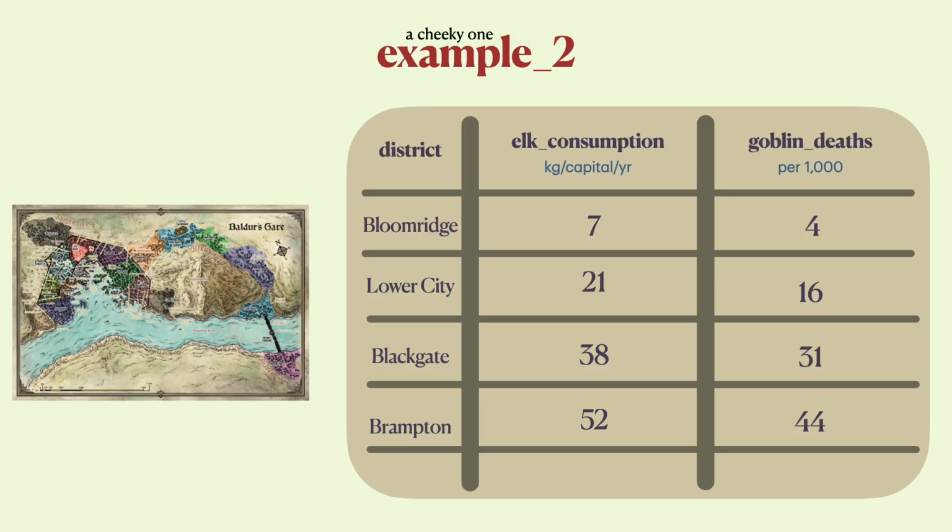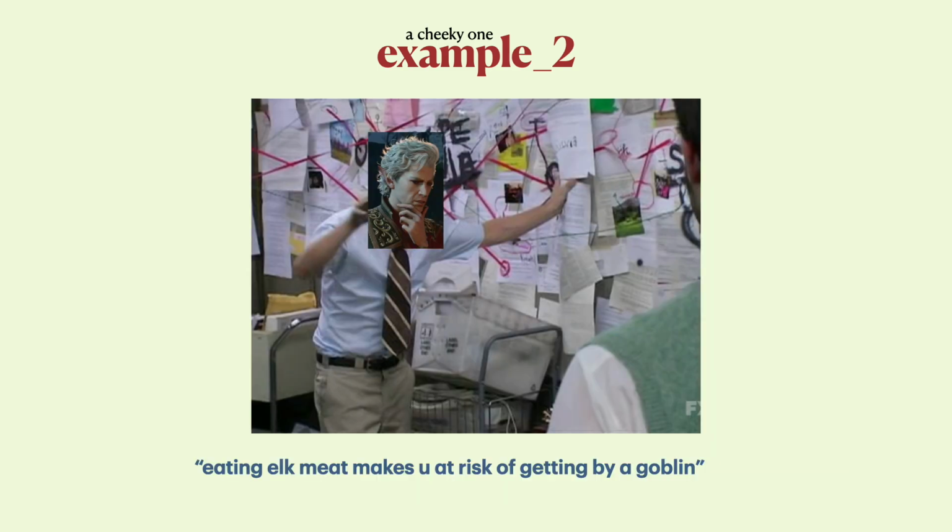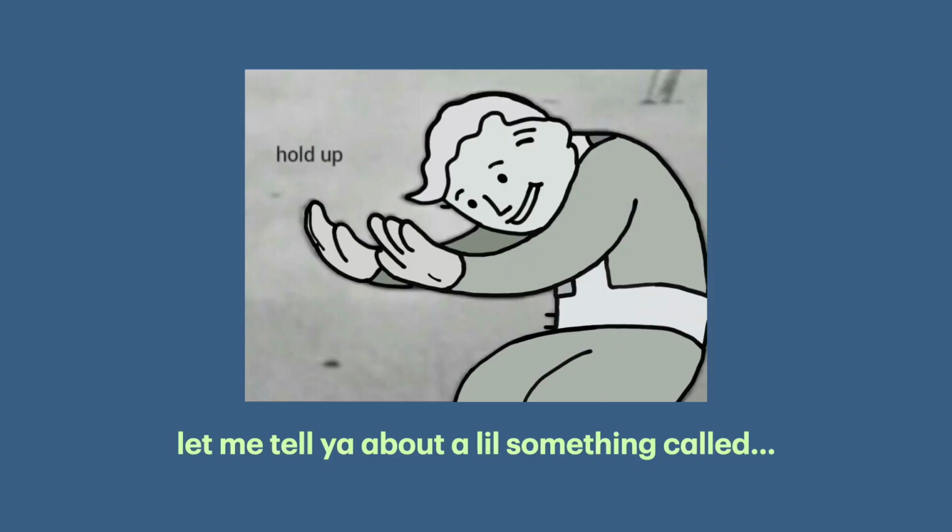Bloomridge has a consumption of around 7 kg per year and 4 per 1,000 goblin deaths. And as you go through the data, you notice that, hey, it does seem like the more elk that a district consumes, the higher the number of goblin deaths. Is it fair to say that eating elk meat will increase your risk of getting killed by a goblin? Well, not really.